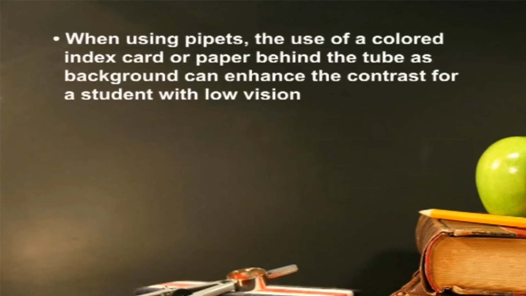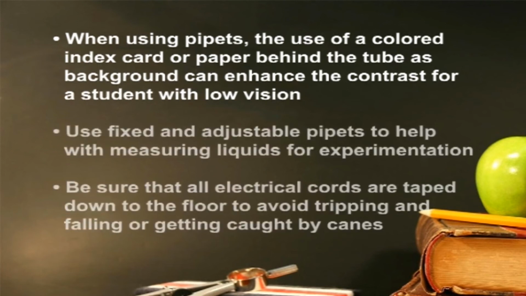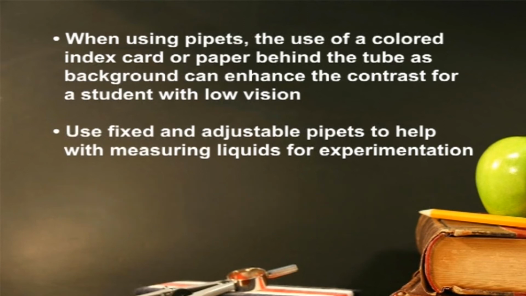When using pipettes, the use of a colored index card or paper behind the tube as background can enhance the contrast for a student with low vision. Use fixed or adjustable pipettes to help measure liquids for experimentation. Be sure that all electrical cords are taped down to the floor to avoid tripping and falling or getting caught by canes.